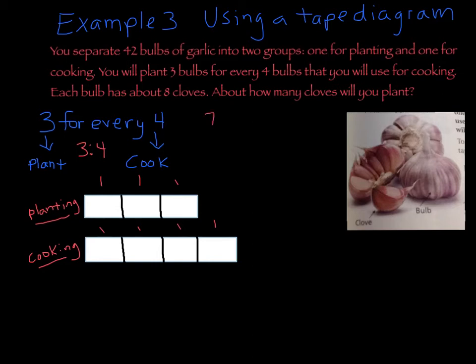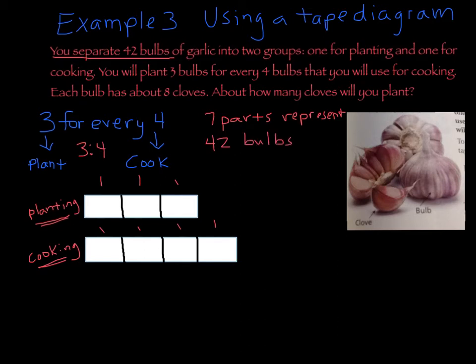If I know I have 7 parts that represent how many bulbs, well, we have to go back up here. It says you separate 42 bulbs of garlic into 2 groups. Here are our 2 groups, our planting and our cooking. We have 7 parts total that represent our 42 bulbs.